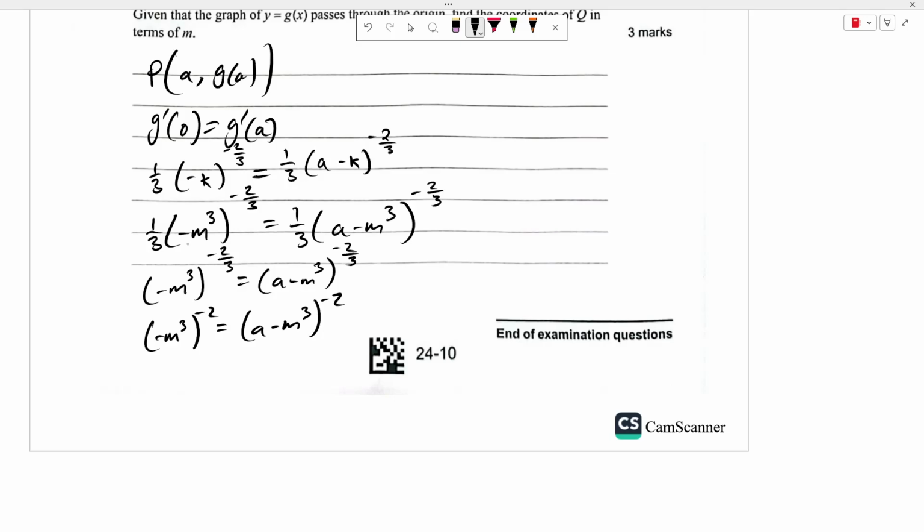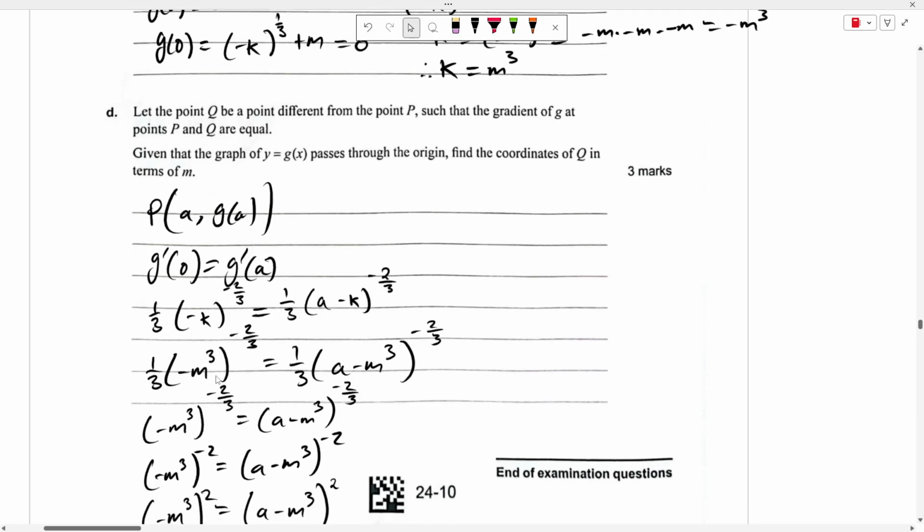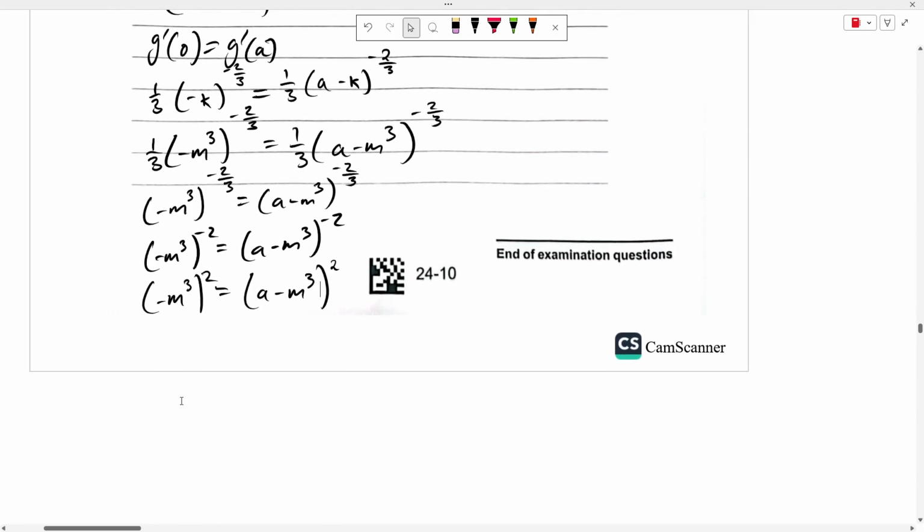And next we can raise both sides to the power of negative 1 to get rid of this negative sign right here. Right, so here we go. Now, this is going to be m to the power of 6 equals a squared minus 2am cubed plus m to the 6. Just expanding the right-hand side.